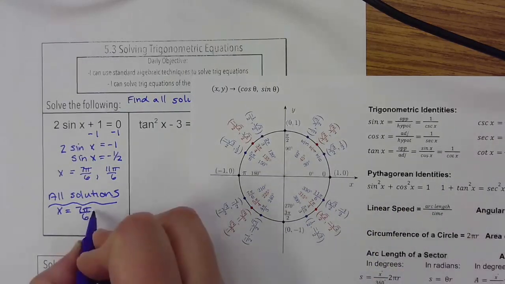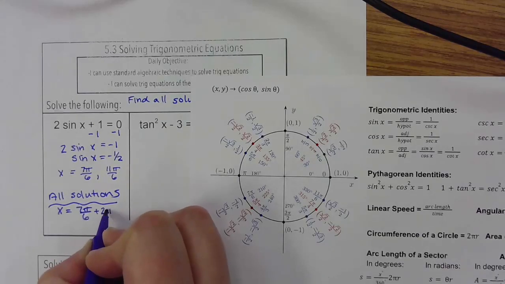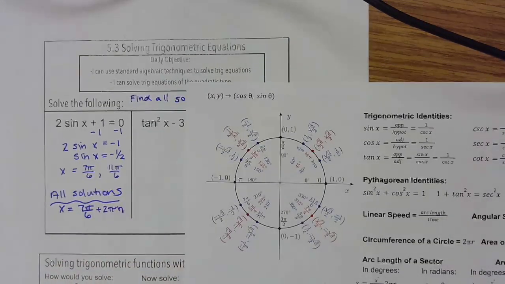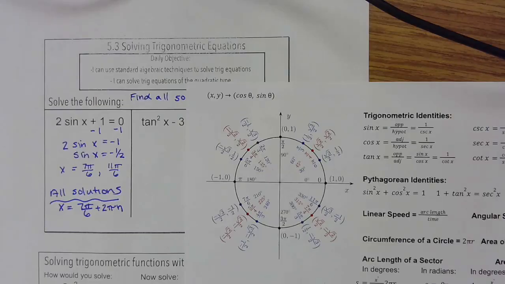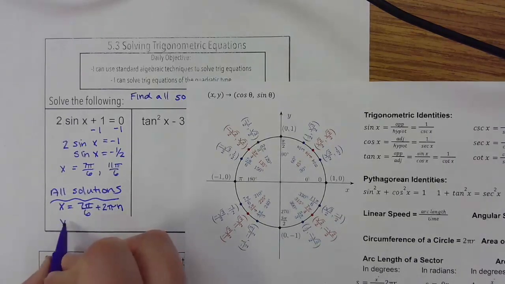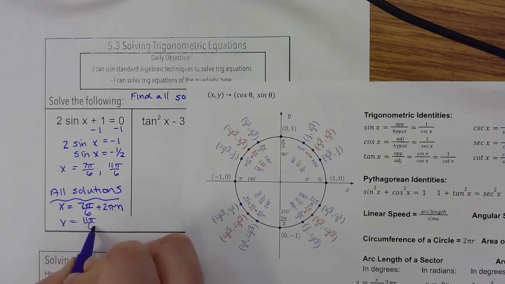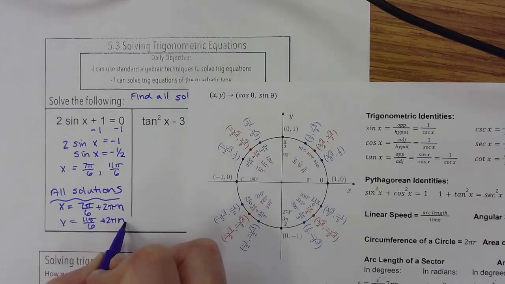So you will see it often written in this way, where you add 2 pi n, meaning n represents the number of rotations around the unit circle. So that's another way, say on an ACT, that you might see these solutions listed. Could be then 11 pi over 6 plus 2 pi n as well.